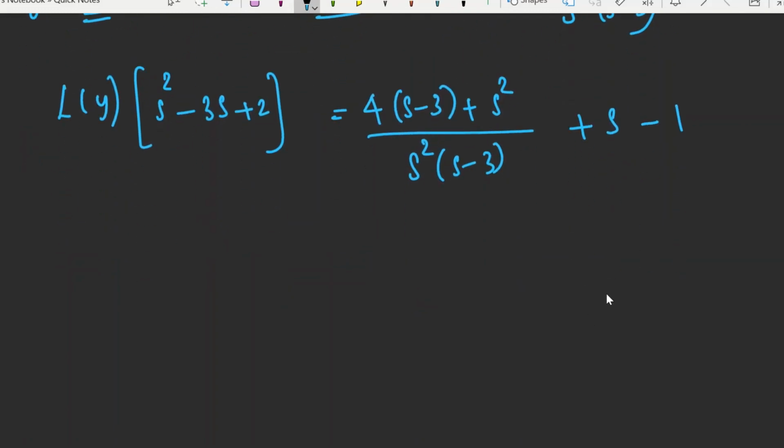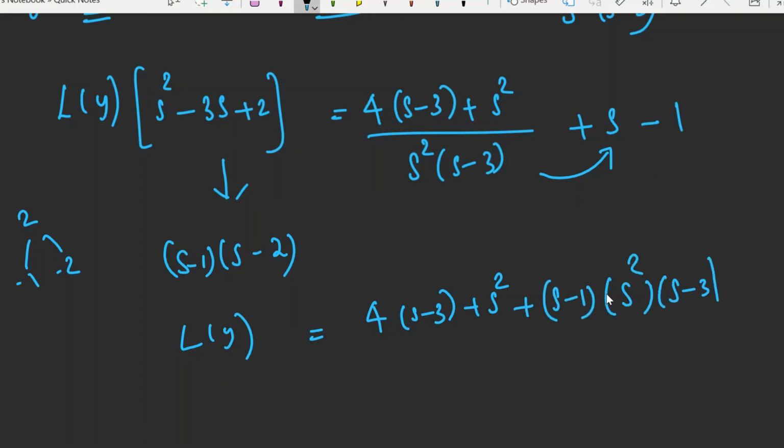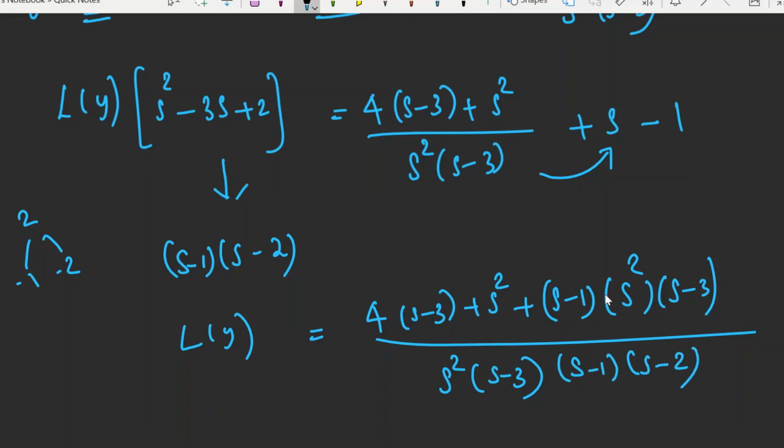So again we have to do the same process. Before that, here we have to take the factors. This can be written as s minus 1, s minus 2. Now our L of y is 4 times s minus 3 plus s square, and here s minus 1, s square, s minus 3 divided by s square, s minus 3, and these two factors are also s minus 1, s minus 2.